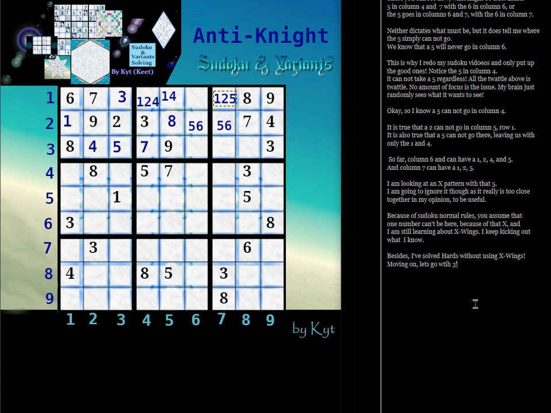Okay, so the threes are in columns 7 through 9. We know that a 5 must be in column 9 and not column 7 in the bottom 3 by 3 grid.